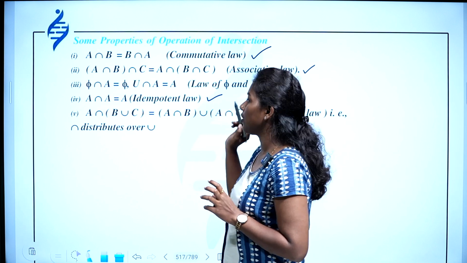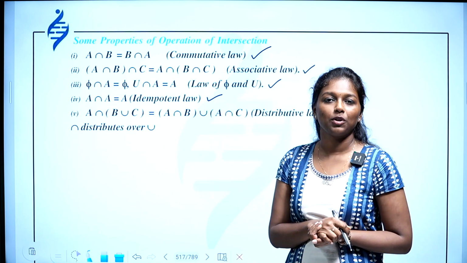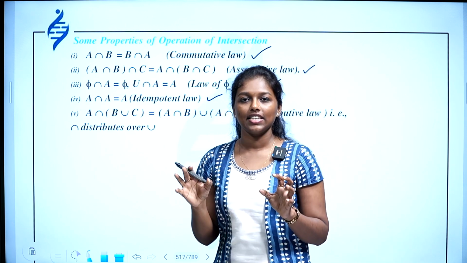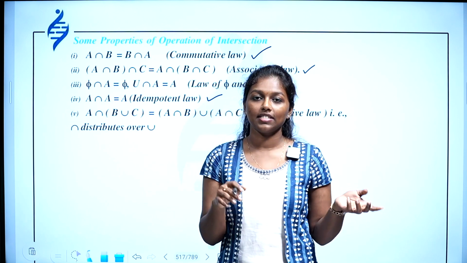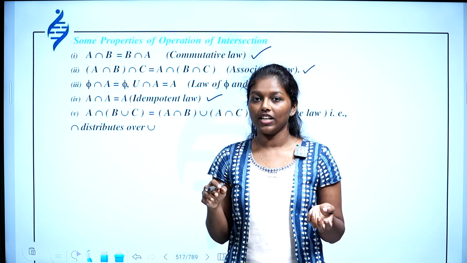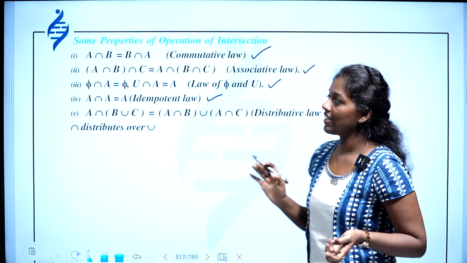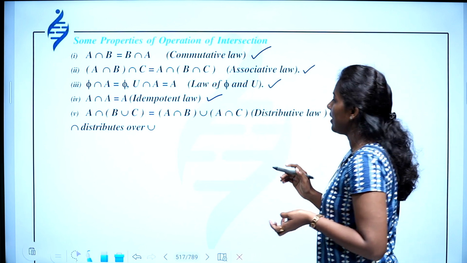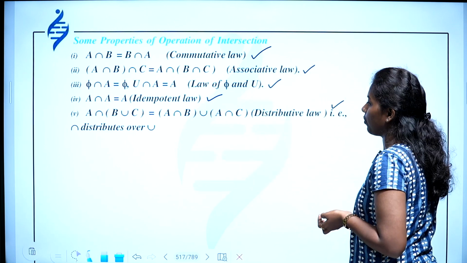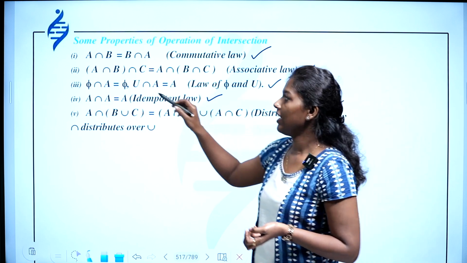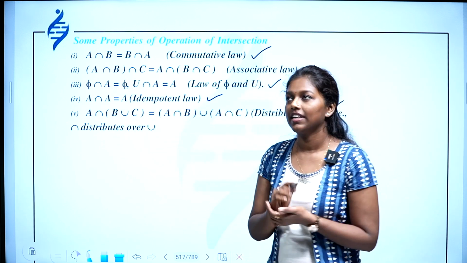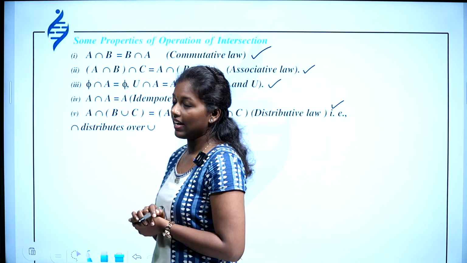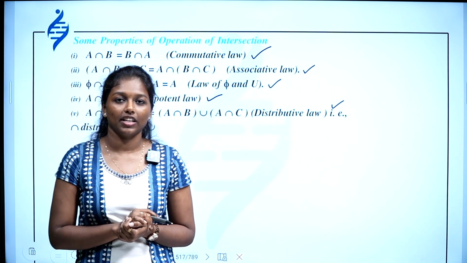Then the idempotent law. Idempotent law means A intersection A is A. The idempotent law is the same in union: A union A is also A, and A intersection A is also A. Then this is the distributive law, that is, intersection distributes over union. We have learned about union, right?